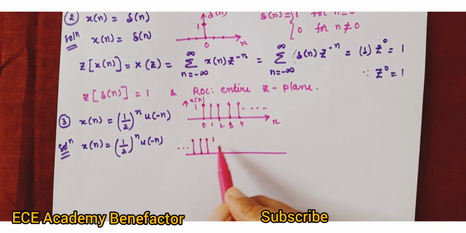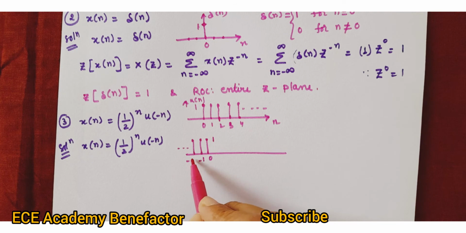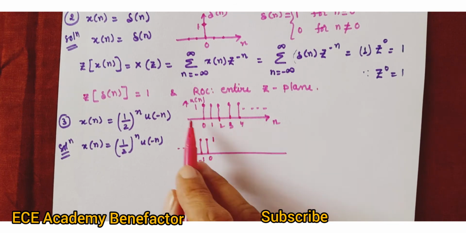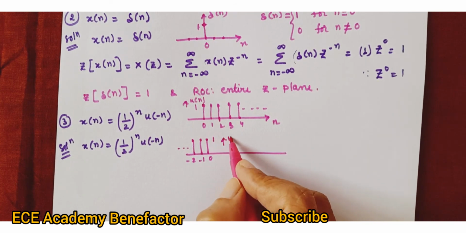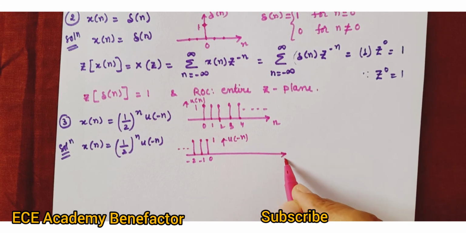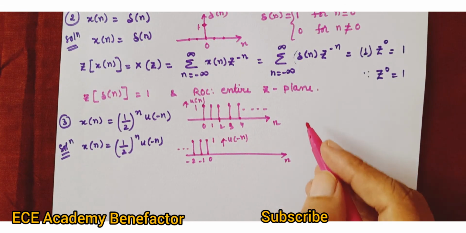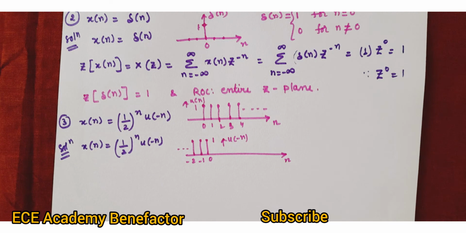So, its value is 1. From 0, minus 1, minus 2, you have folded the waveform, time reversal. This is u of minus n. Okay. So, what is the definition now? u of minus n value is 1 from minus infinity to 0.